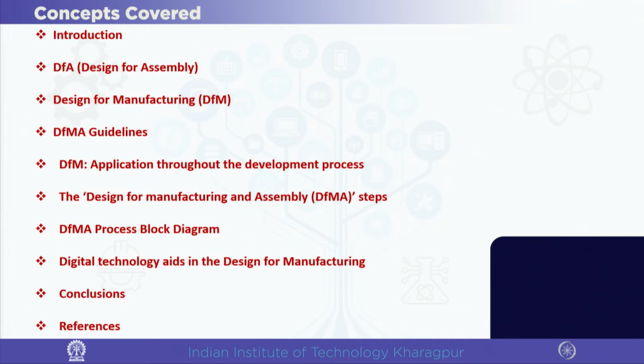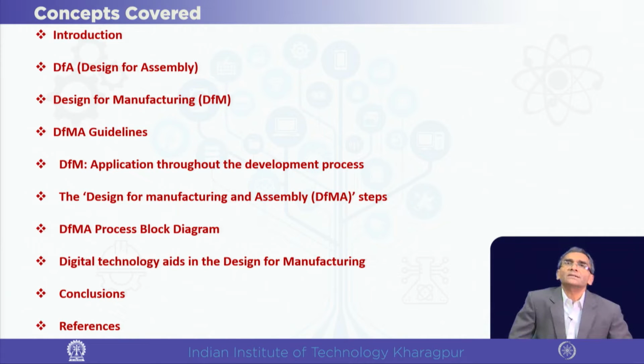Though very commonly it is called design for manufacturing and assembly, the word manufacturing comes first, then the word assembly. It is natural because after all when we consider a sector, we consider it as a manufacturing sector. So, there assembly is another activity of overall manufacturing.